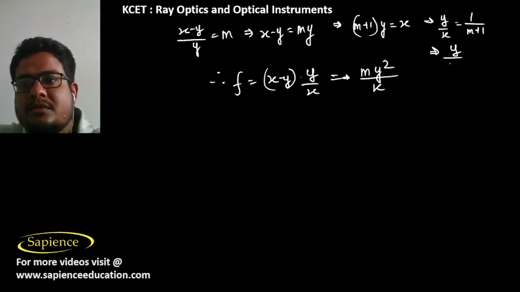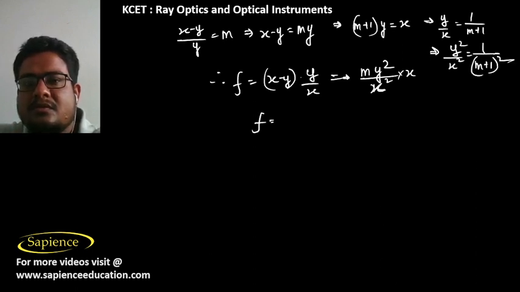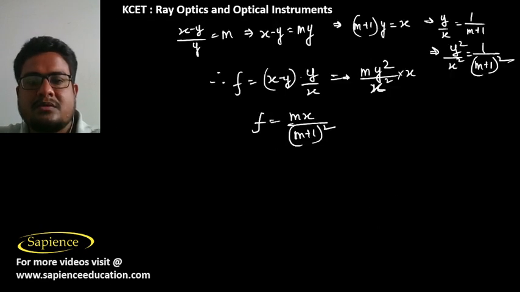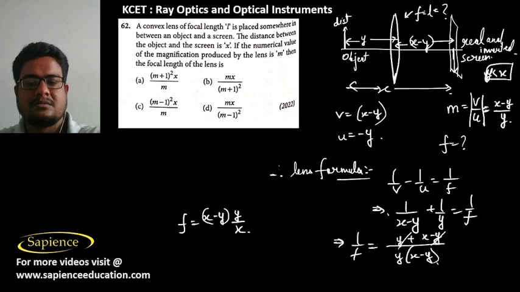So from here you can say y square by x square. So this you can write m into y square by x square into x. So y square by x square is 1 by m plus 1 whole square. Therefore, the focal length I can write as mx by m plus 1 whole square. So option B is the correct answer.